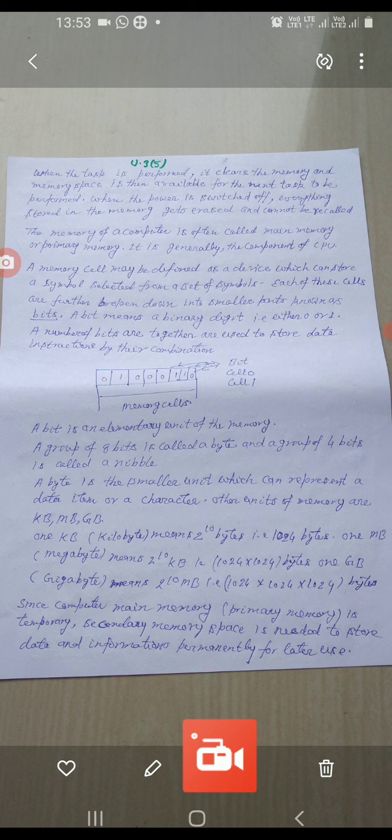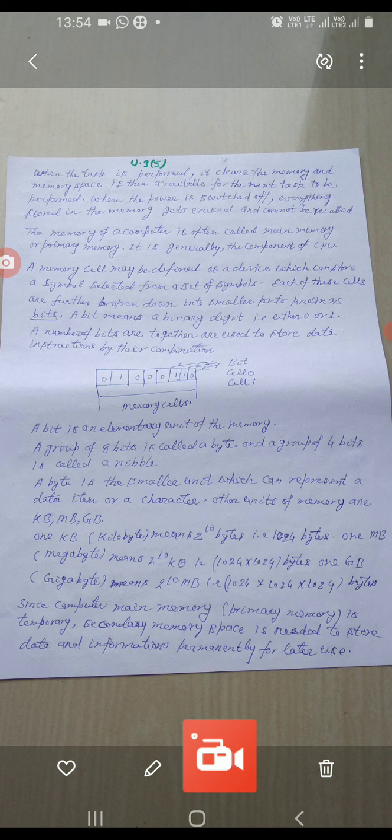A number of bits are together used to store data and instructions by their combinations. See the memory cells figure.